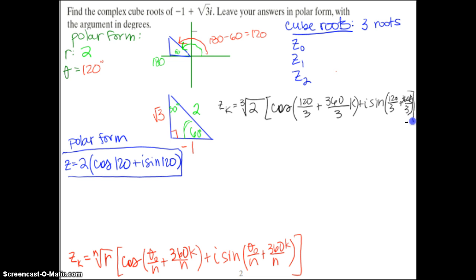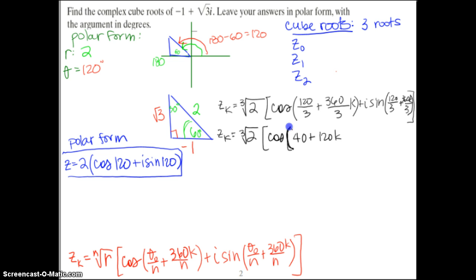We're out of room here. So when we simplify this, we get z sub k equals the cube root of 2 times the cosine of 120 over 3, which is 40, plus 360 over 3, which is 120k.